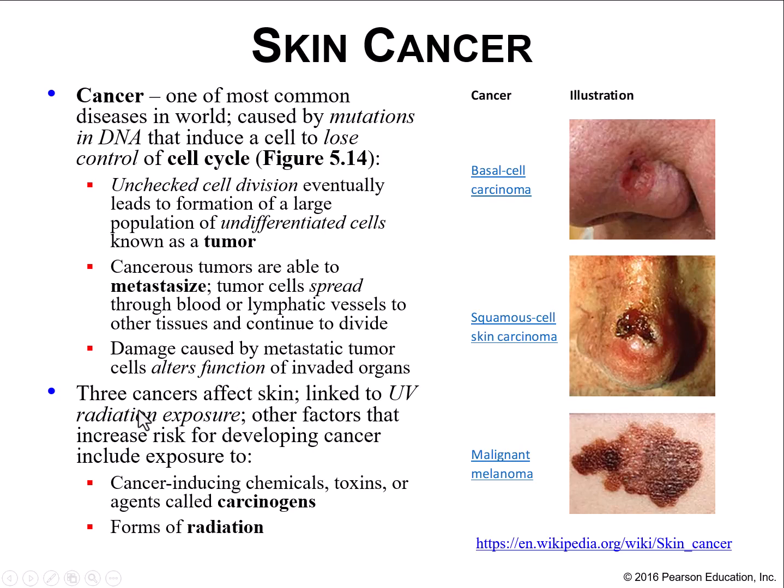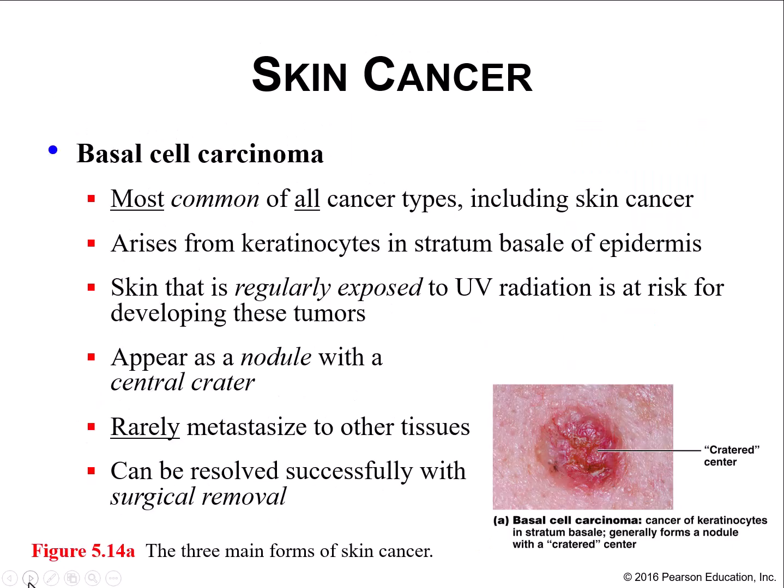Most skin cancers are not deadly, but the malignant melanoma can be, because it metastasizes and moves around the body. As long as you catch things early, they are very curable. They can be caused by carcinogens or radiation exposure to the sun. That's why you tend to see a lot of the cancers on the head and face.